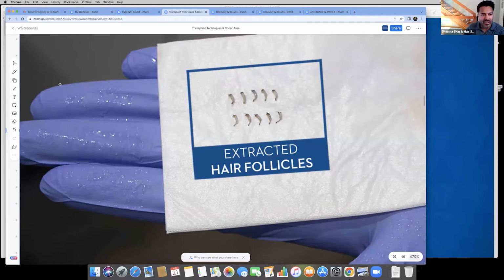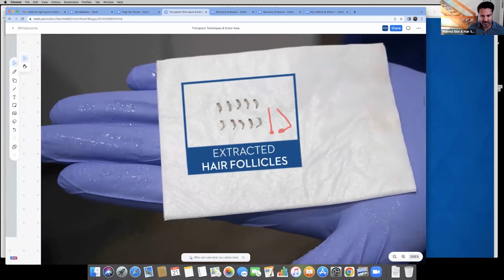So normally what happens is the roots sit here and then the actual shaft exits like this. But as you can see here, he has his roots here and the hair's almost doing this. And that's why sometimes an FUT technique is the right thing to do, because not everybody is suitable for an FUE.